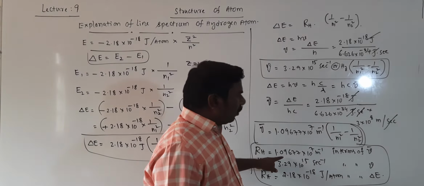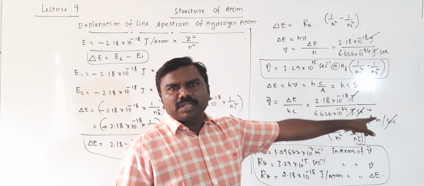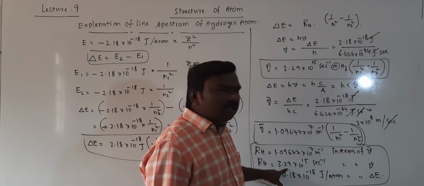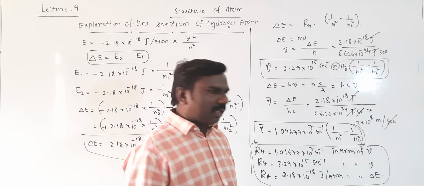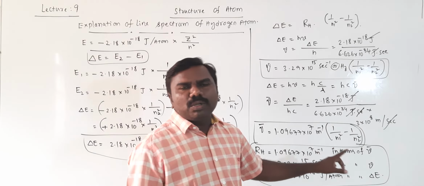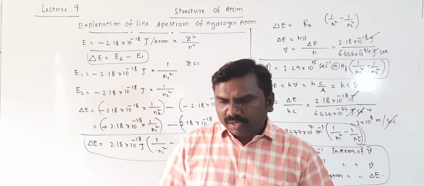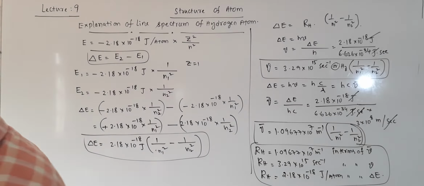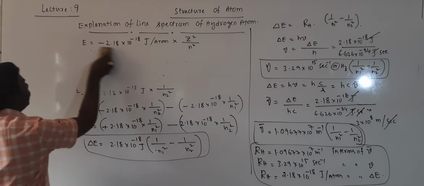If you want a wave number, this value into 1 by n1 square minus 1 by n2 square. To get a frequency, this value into 1 by n1 square minus 1 by n2 square. To get a change in energy, this value into 1 by n1 square minus 1 by n2 square. Okay? And this is the formula for us.